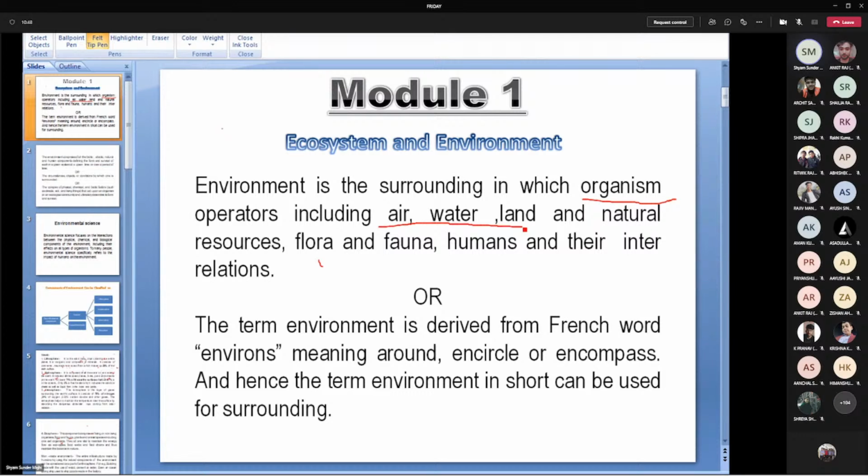Each other dependent and also present in your surrounding, so this is exactly what you can call environment. The term environment is derived from the French word environs, meaning around, encircles or encompasses. Hence the term environment in short can be used for surrounding.